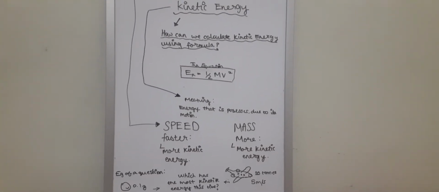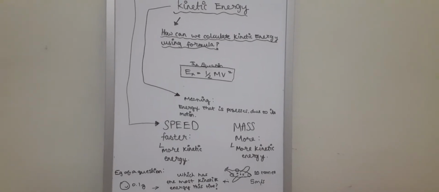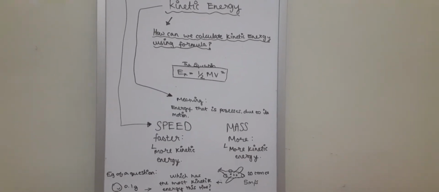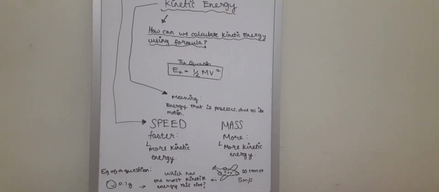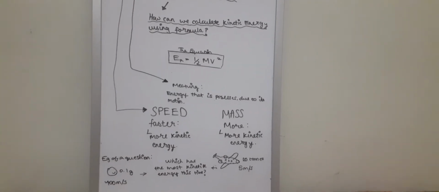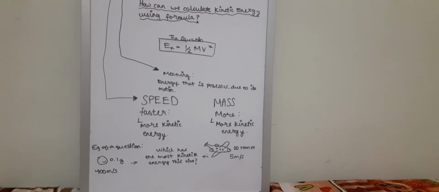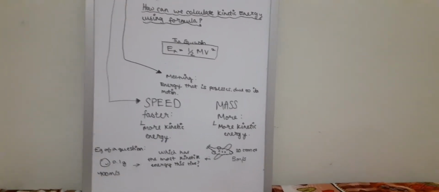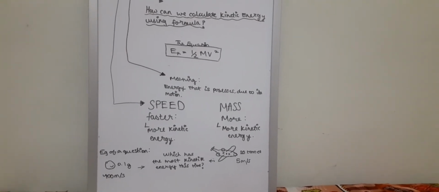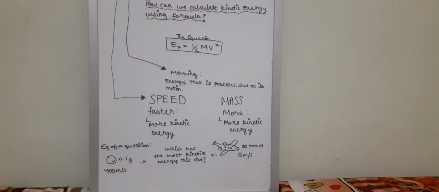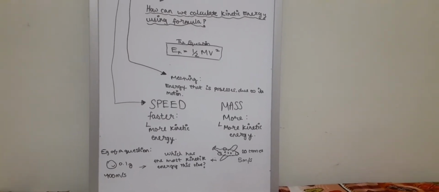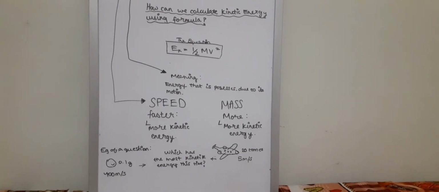If the speed is faster, more kinetic energy is used. If the mass is more, more kinetic energy is used. Let's see a question which we can find out using the formula. On the left-hand side, here is a particle.